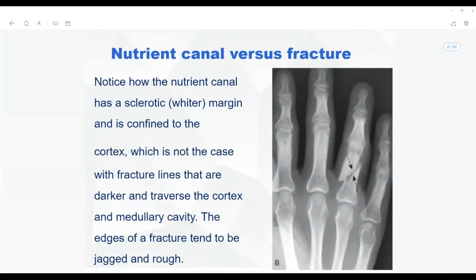Okay, so this is the first. Is this a carpal or a metacarpal? Okay, it's a metacarpal. Is it the proximal metacarpal or the distal metacarpal?